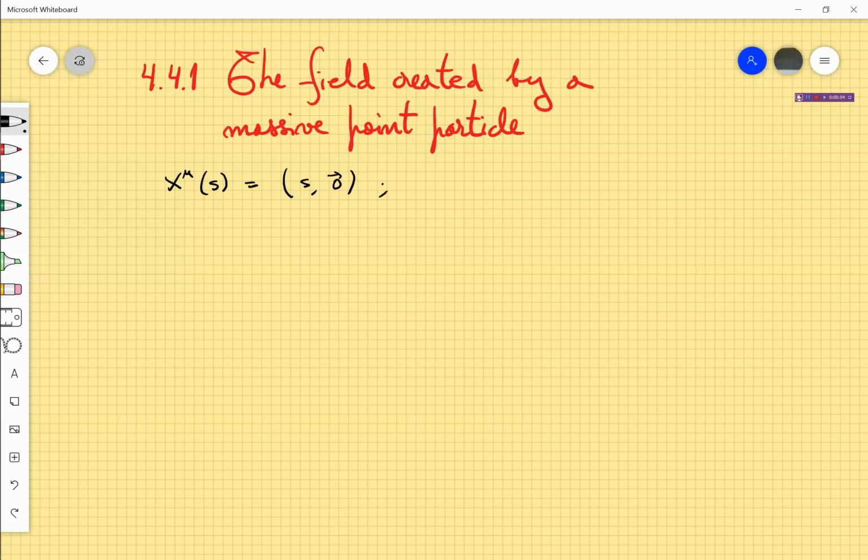Well, one way to check it is to compute x dot mu, which is the derivative with respect to s. In this case, this gives us the vector (1, 0), and eta mu nu x dot mu x dot nu is just 1, as you expect from a massive particle.